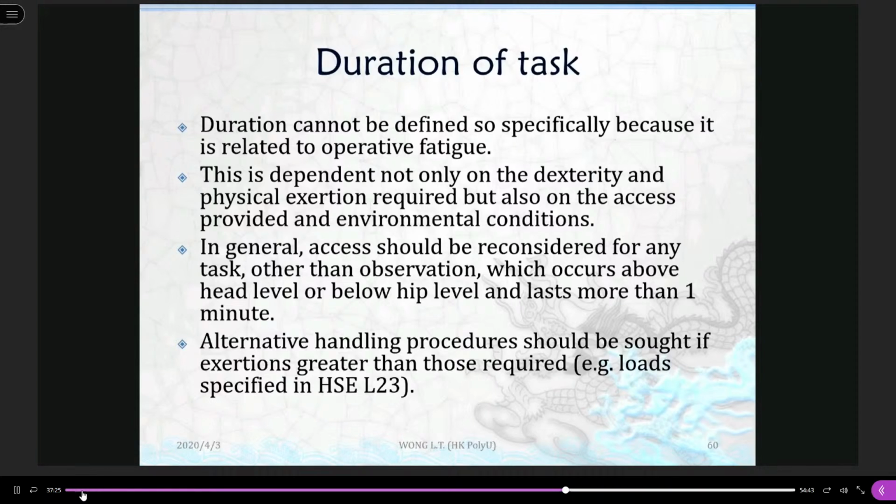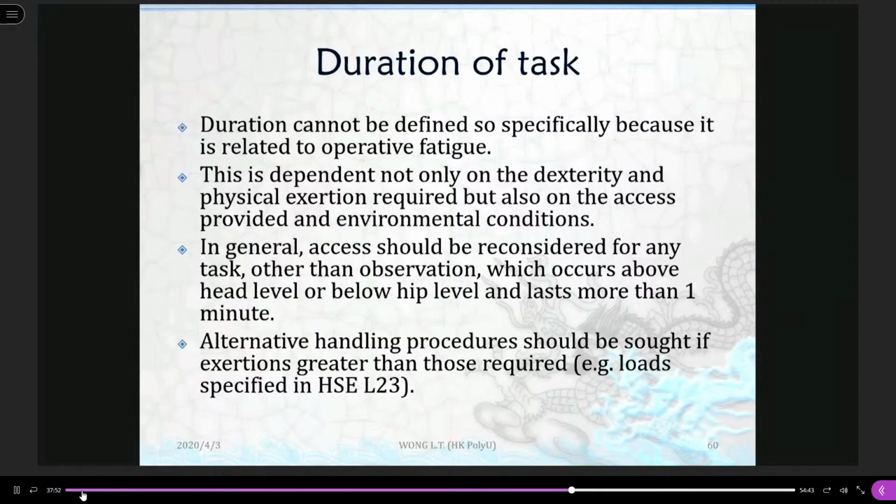Next, the duration of task consideration. Duration cannot be defined so easily because it is related to operative fatigue. It depends not only on the complexity and physical requirements, but also on the access provided and environmental conditions: hot conditions, dark conditions, very humid conditions, and other environmental constraints.